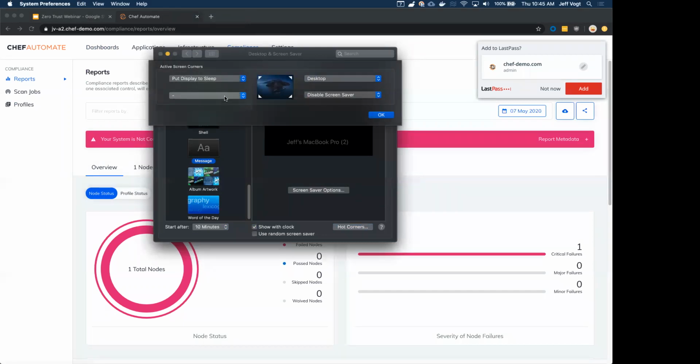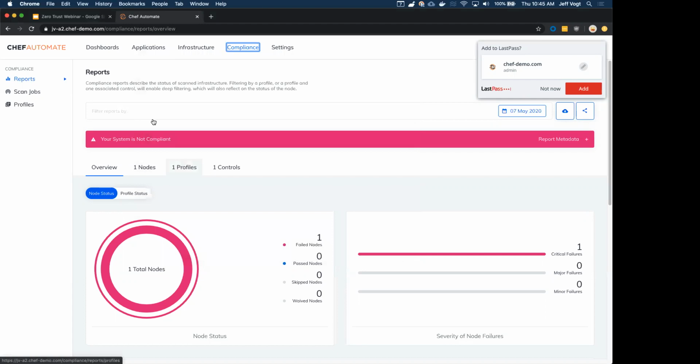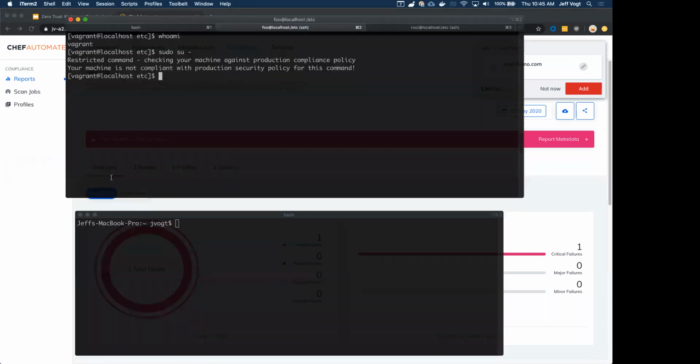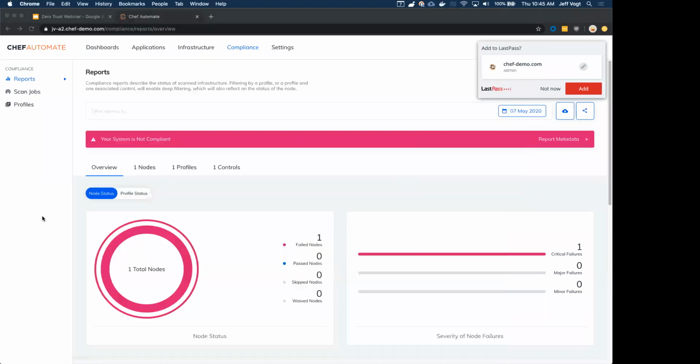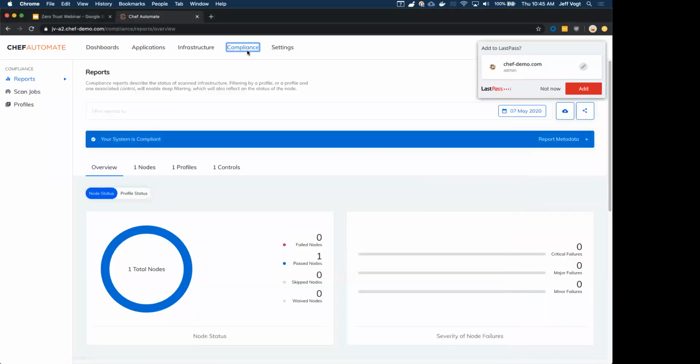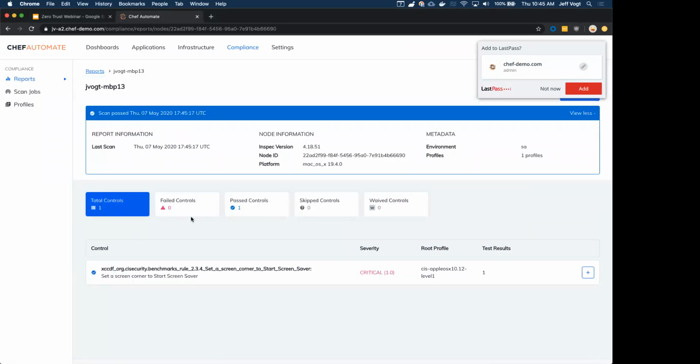Now I've got the ability to start a screensaver by going to the corner of my screen. Whew, that was close. So I'm going to invoke an InSpec test manually. This is something you'd run as a service, but it's just running that test and then reporting back to my Automate server. So now on my Automate server, I can see, okay, cool, I'm passing that control.